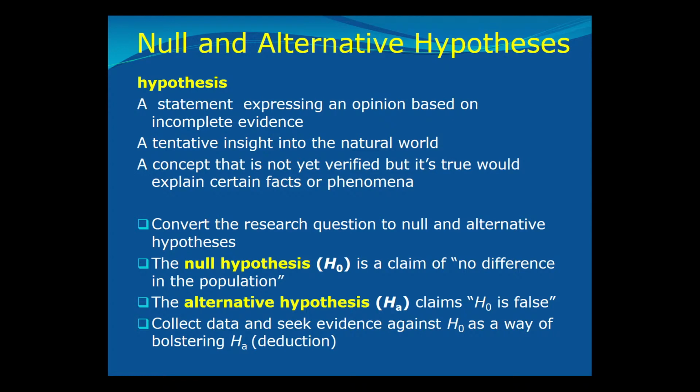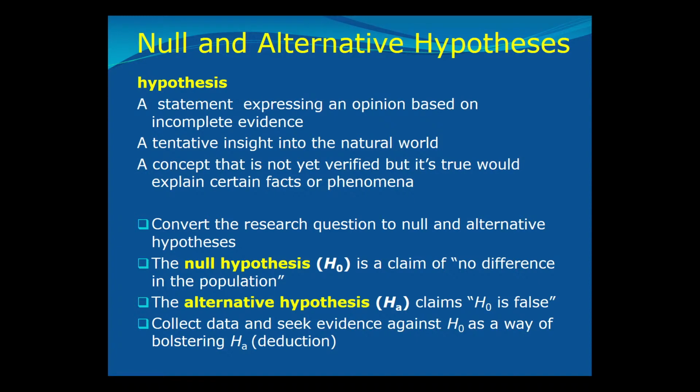If we're interested in some phenomena or in some fact, we need to convert the research question to null and alternative hypothesis. The null hypothesis, we use H0, is a claim of no difference in the population.